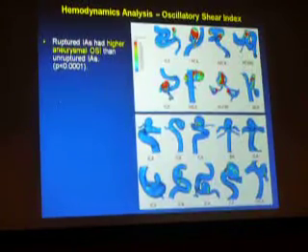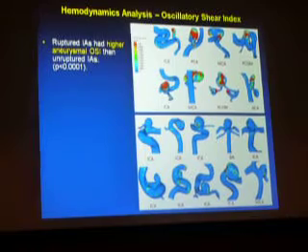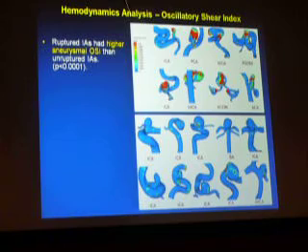We also look at the oscillatory shear index, which measures, through one cardiac cycle, whether the flow is going back and forth near the wall. The oscillatory shear index, or OSI, in the ruptured ones is much higher than in the unruptured ones.